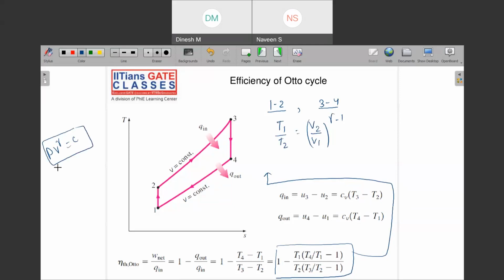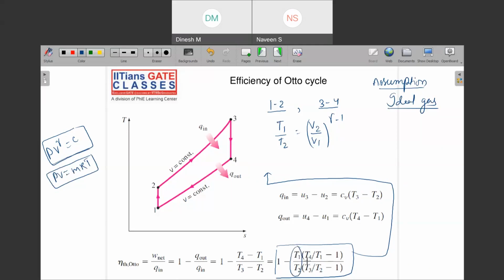And the assumption here is that your working fluid is an ideal gas. When your working fluid is an ideal gas, then you can apply this law also, PV is equal to mRT. So using these two laws, we have reached this conclusion that T1 upon T2 is V2 upon V1 to the power gamma minus 1.